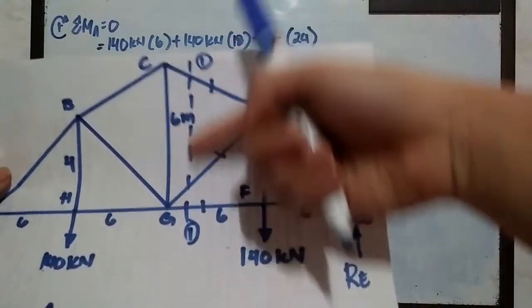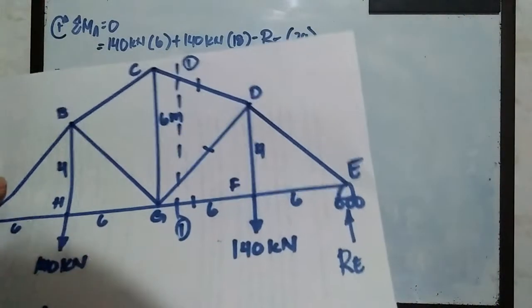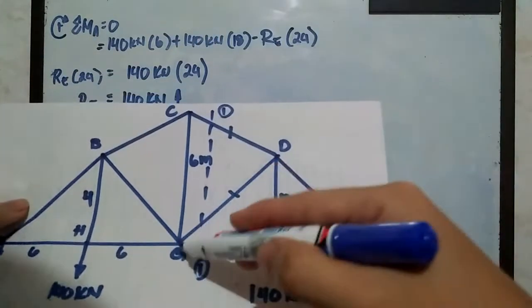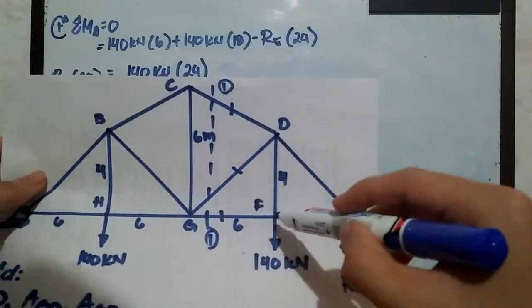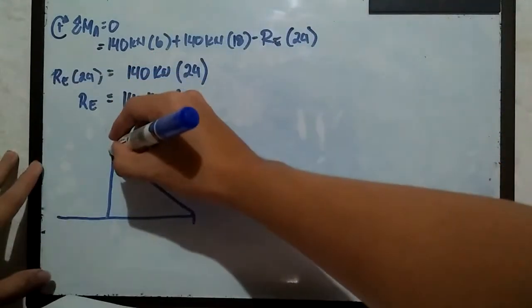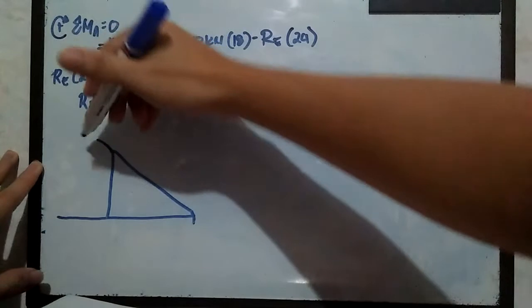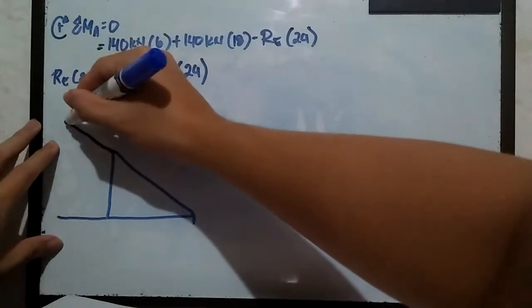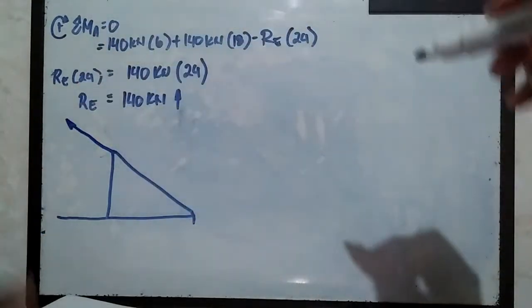Since this is the portion where we cut our truss system, we have here CD, GD, and GF. Let's assume that everything is in tension.